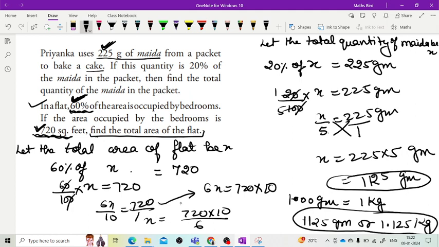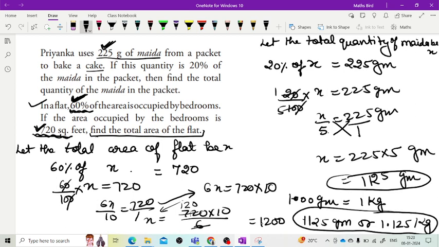Then in the next step, x is equal to 720 into 10 by 6. 6 1 ja 6, 1 7, 6 2 ja 12. Total area is 1200 square feet. Right? Here the quantity is square feet, so you will write the same unit, square feet.